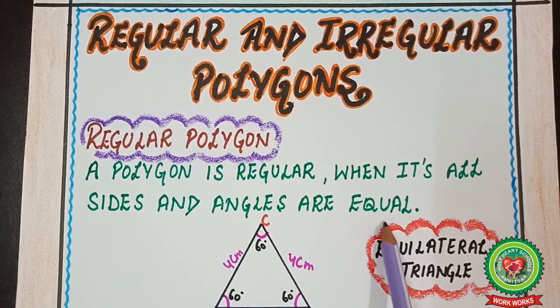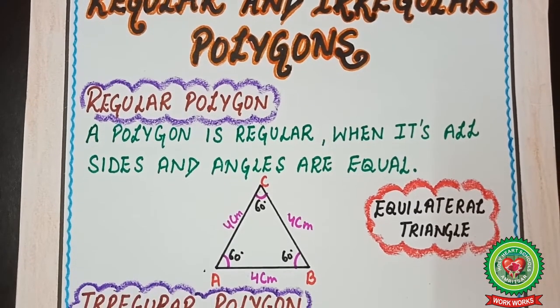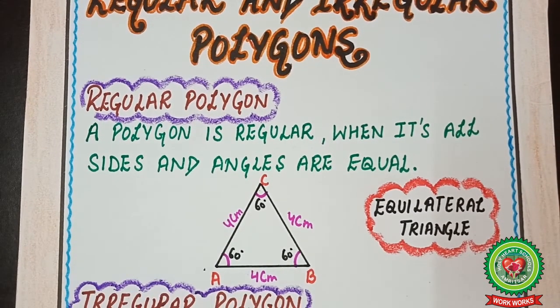Here I will take one example for you to understand this. I'm taking an equilateral triangle, a triangle with sides AB, BC and CA. Equilateral means all sides are equal and all angles are equal.